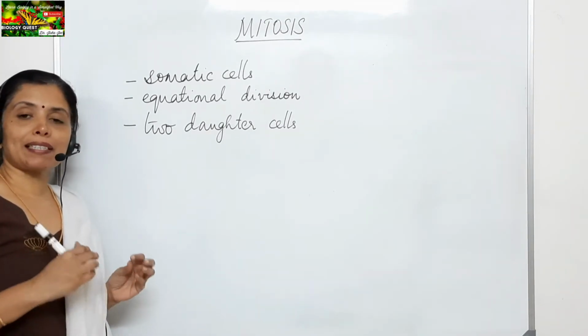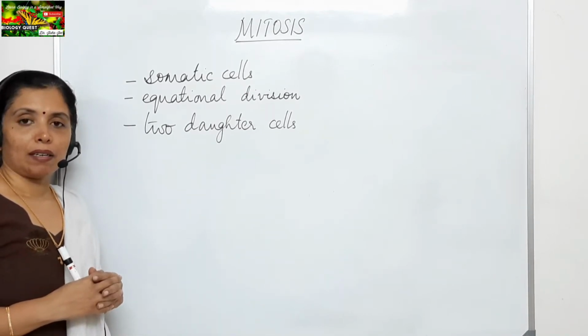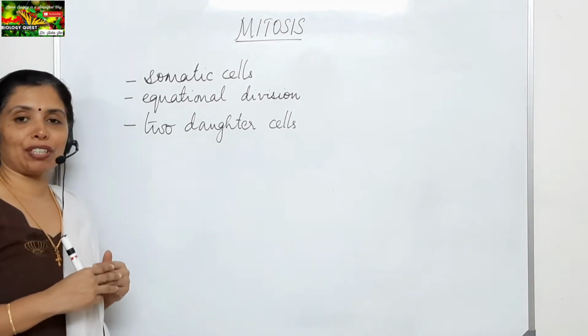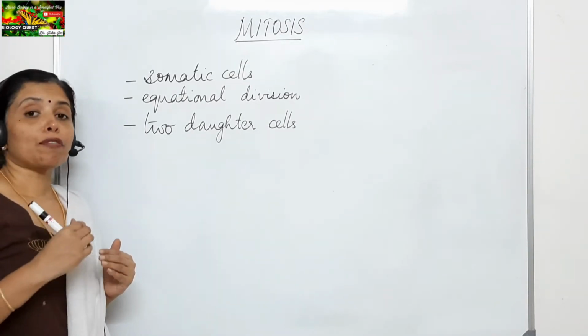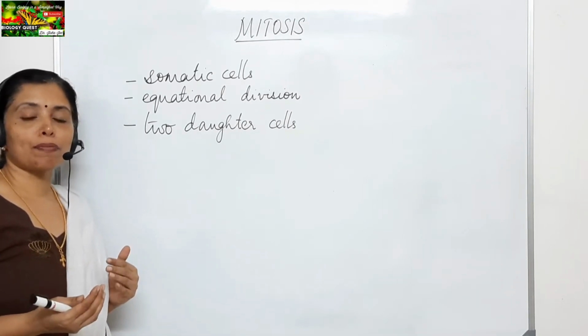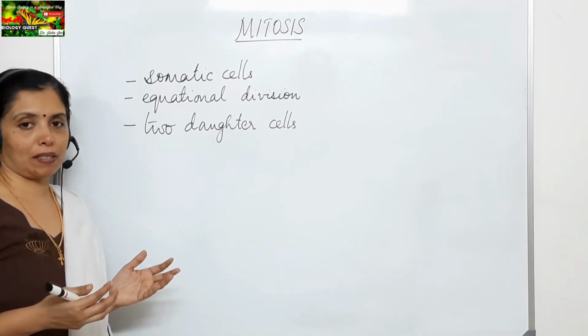So if a cell has two chromatin fibers, by the time the cell enters the cell division phase, the number of chromosomes will be 2. What are chromosomes? Highly condensed, coiled chromatin fibers.